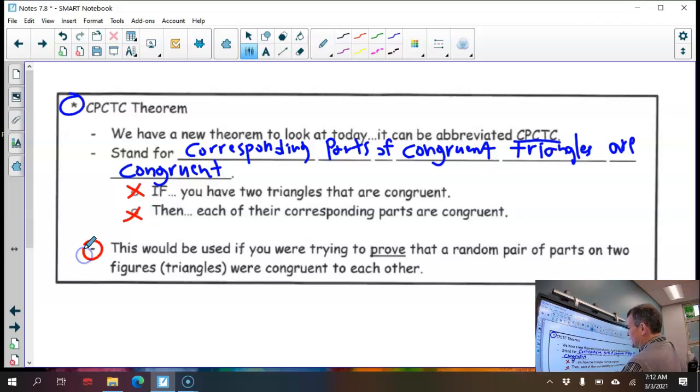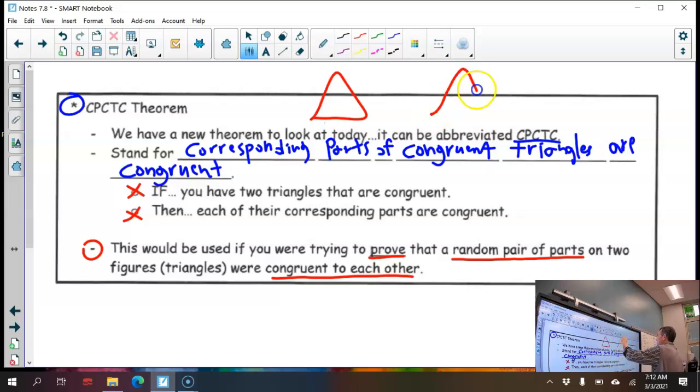So here's where this would be used. If you were trying to prove that a random pair of parts on two figures, or triangles in this case, but it would work for any figures, were congruent to each other. Like if I had two triangles and I knew that this equaled this, and this equaled this, and this equaled this, then by side angle side, I would know those two triangles are congruent to each other.